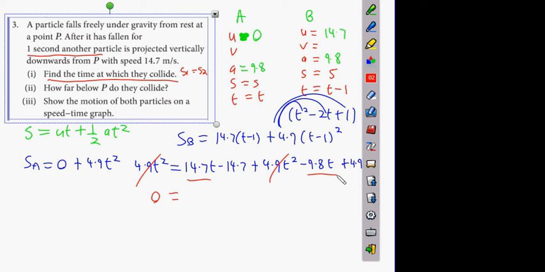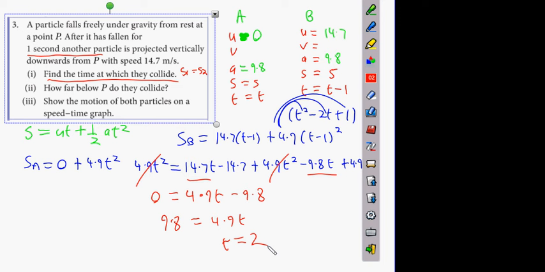Okay. 4.9T. And then minus 14.7 plus 4.9? I think that's going to be minus 9.8, is it? Now guys, move the 9.8 over to the other side, divide by 4.9, and we get T equals 2. 2 seconds for that answer.